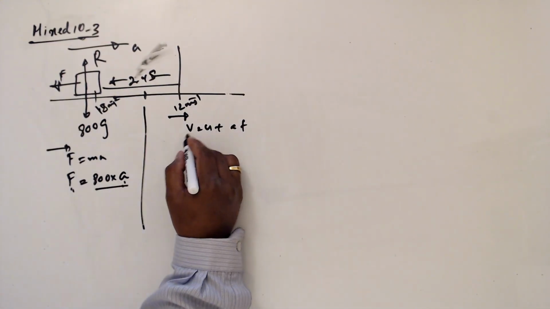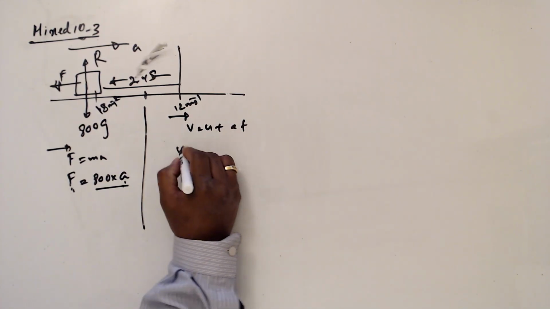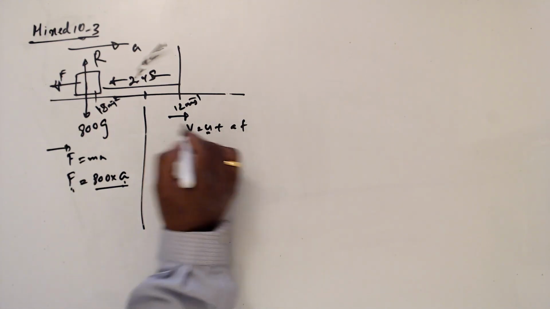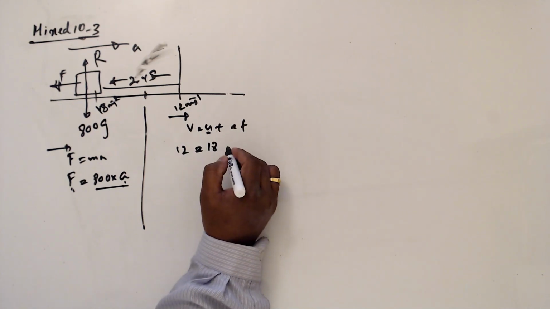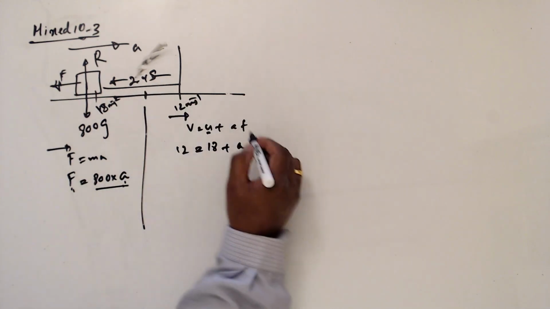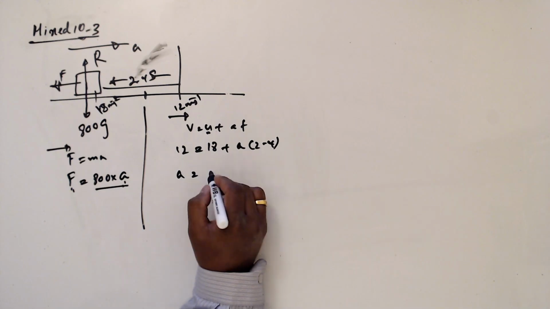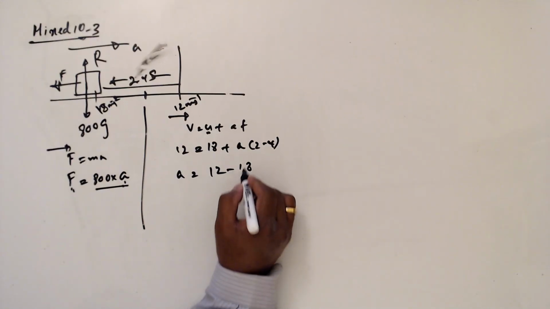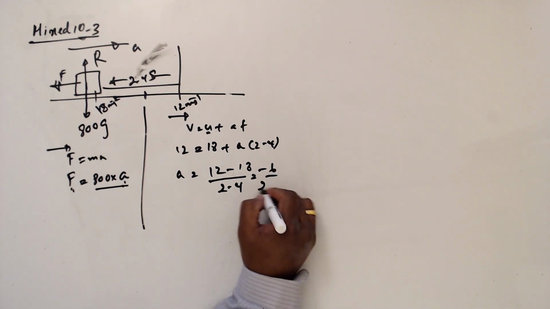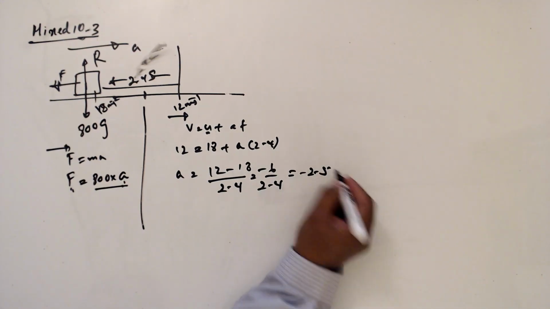V is going to be 12, and starting speed 18 plus a, we don't know, that's the one we want to find, times 2.4. Then a is 12 minus 18 divided by 2.4, minus 6 divided by 2.4. So that is minus 2.5.